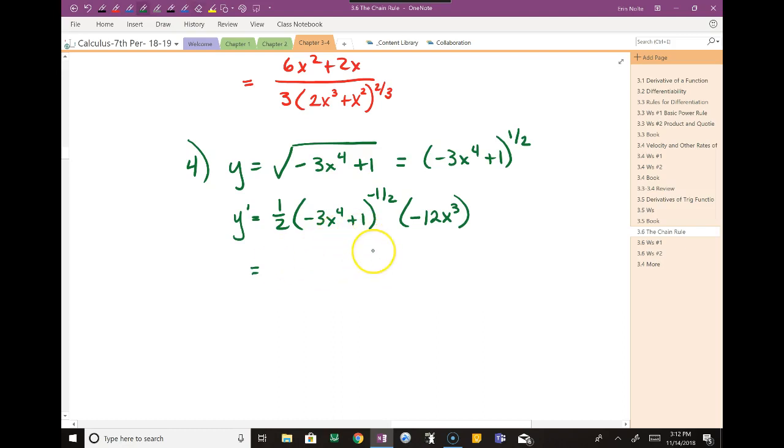I see now. Okay, so can we go 12x to the 3rd is on top? The 2 is in the bottom with the quantity. Right? And now I move that to the 1/2. Okay. So now can I simplify it further? Wait, why is that it? 12x to the 3rd? I thought she simplified. Well, okay, so now if I simplify this, I can divide by 2 because people weren't seeing that.